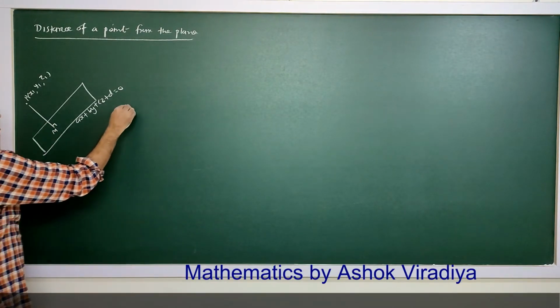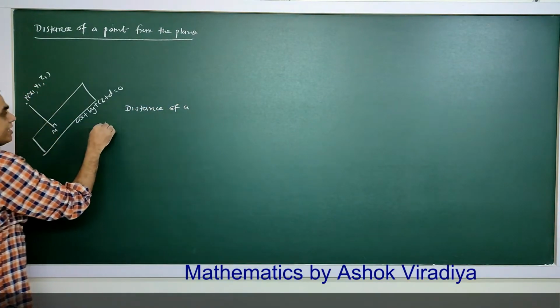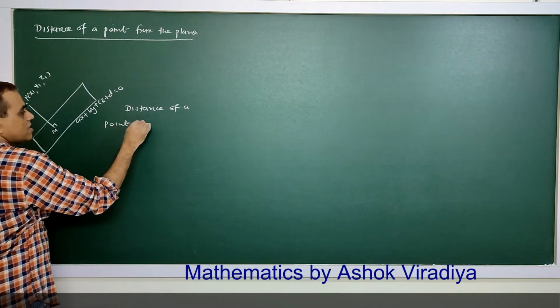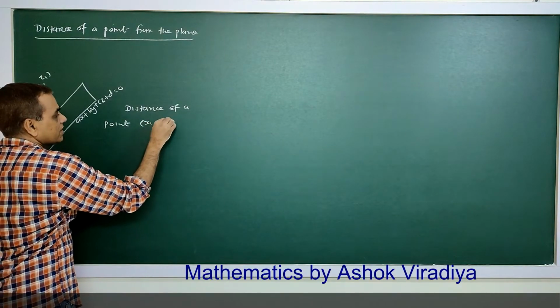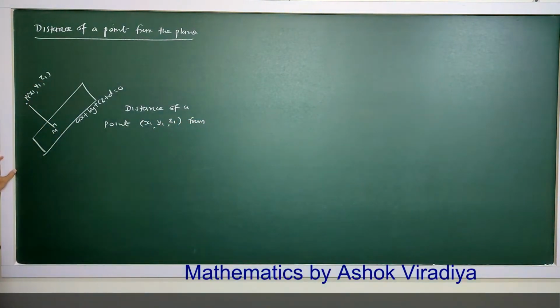So distance of a point x1 y1 z1, this distance d.